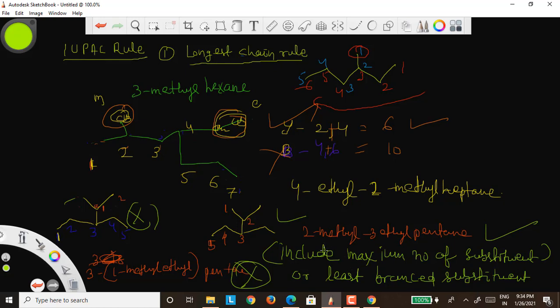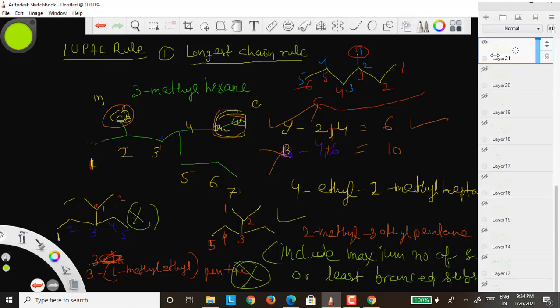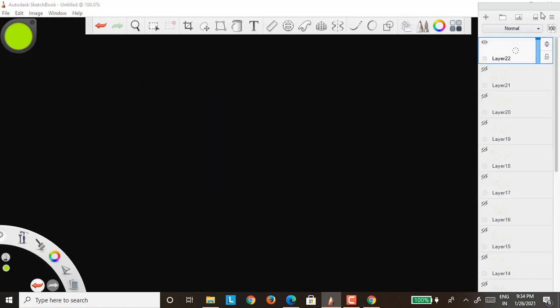Now let us take one more example of this kind. Now let us take a structure like this. This structure can be named in two ways. Let us draw again so that we can name.